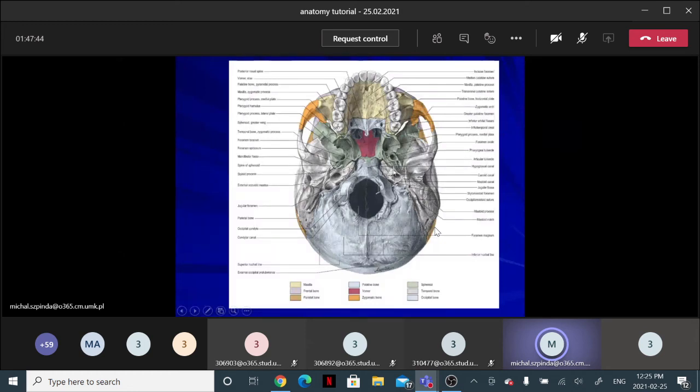Two opposite surfaces, anterior and posterior, are inside the cranial cavity. So on the external cranial base, we have only one surface of the temporal pyramid, but it's very difficult.